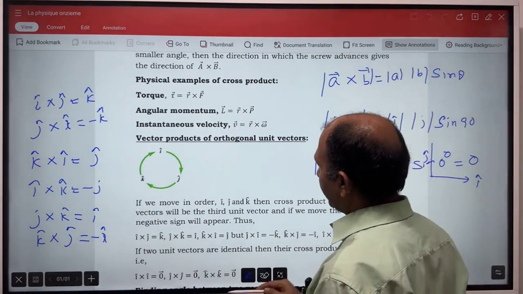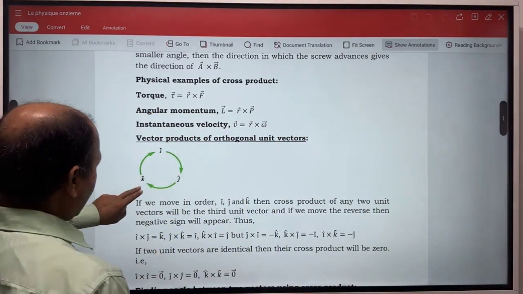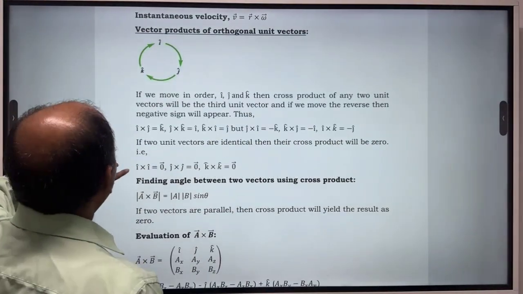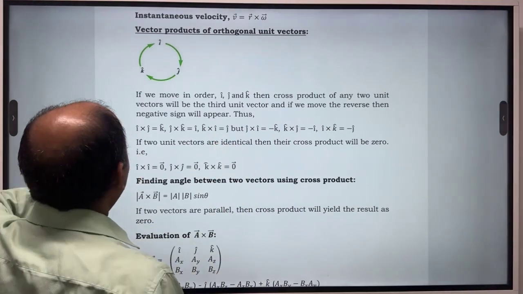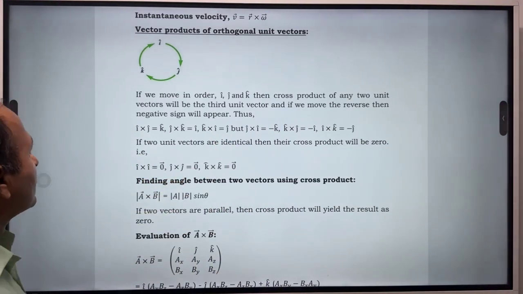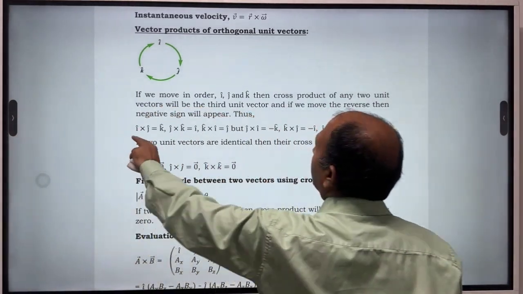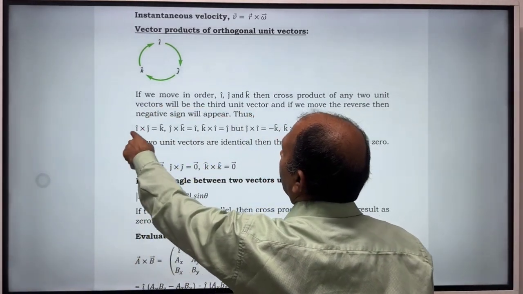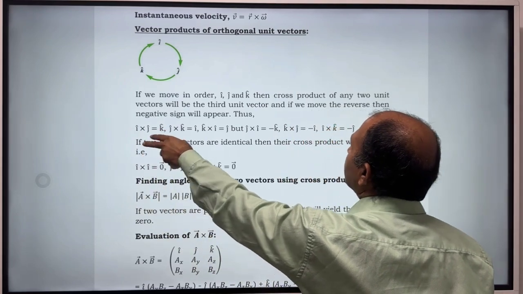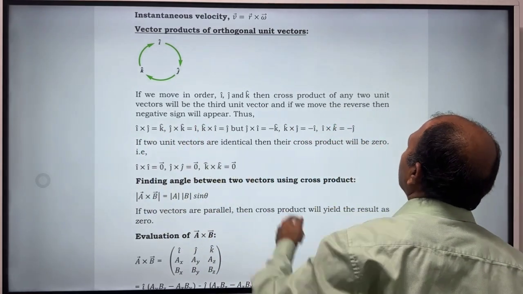So the property we get from this is: i cross i is 0, j cross j is 0, k cross k is 0, and when i is multiplied to j, i cross j, we get k. Similarly j cross k, we get i cap, etc.